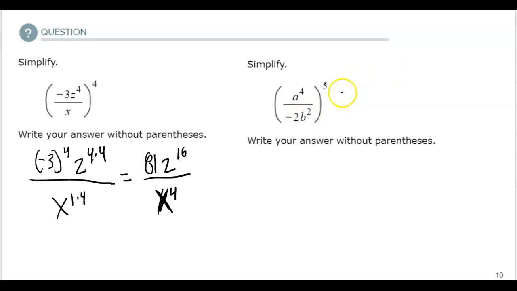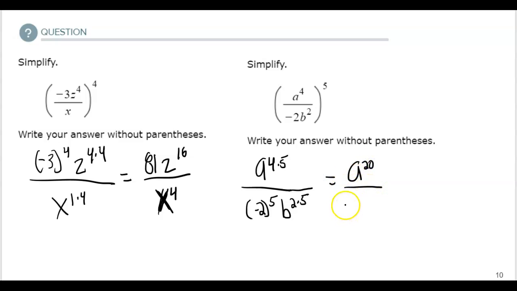Go ahead, pause your screen, try this one on your own. And that would be a negative because we'd have negative 5 negatives, which would still get us a negative.